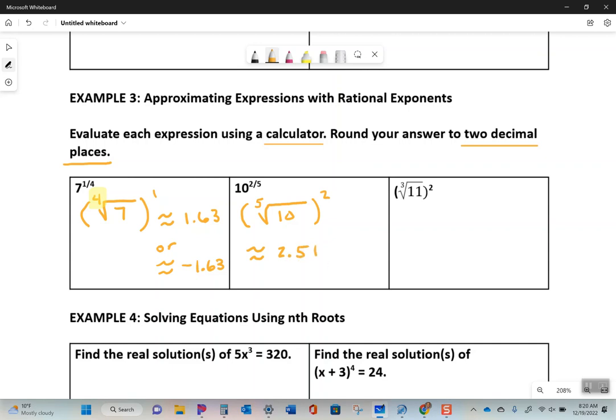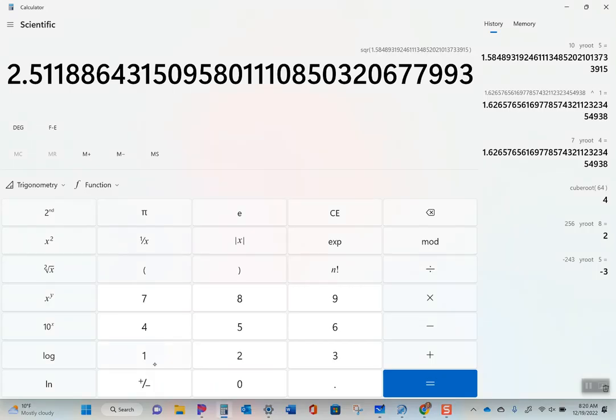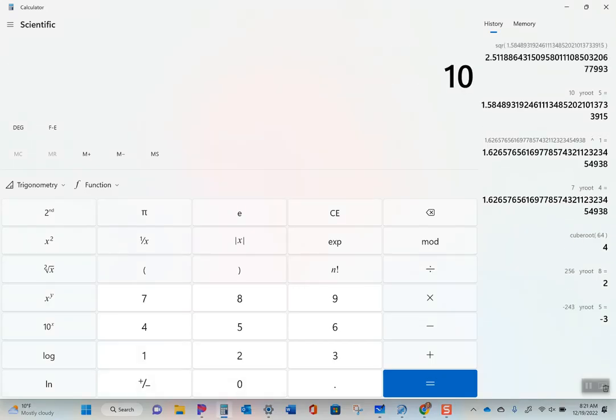All right, so now here's the deal. Another way you could do this in your calculator is this. You could just type it in like that. You could type 10, and then you see this x to the y button, raised to a power. I could raise it to, in parentheses, 2 divided by 5 like this. See how I've punched that in there? 10 raised to the 2/5 power, or 2 divided by 5.